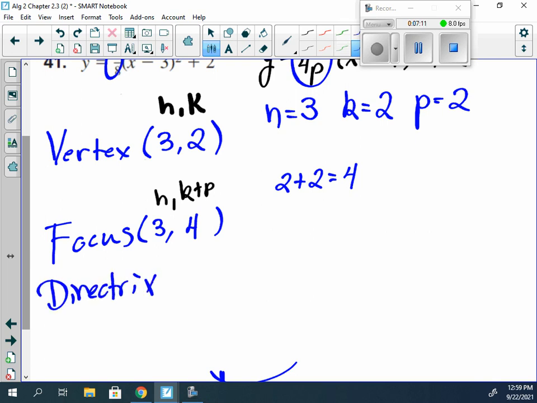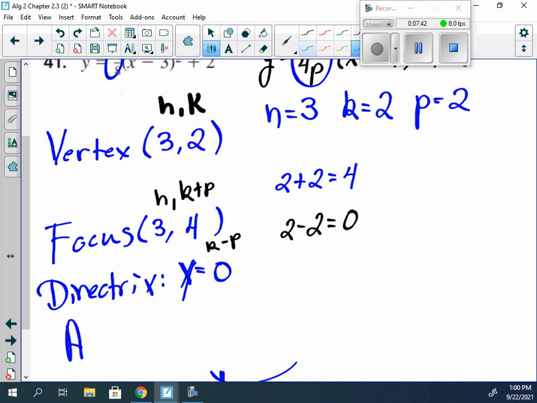The directrix is the equation, sorry, not x equals, it will be y equals k minus p. What is k? 2. Minus p is 2 minus 2, which is 0. So the directrix is y equals 0.